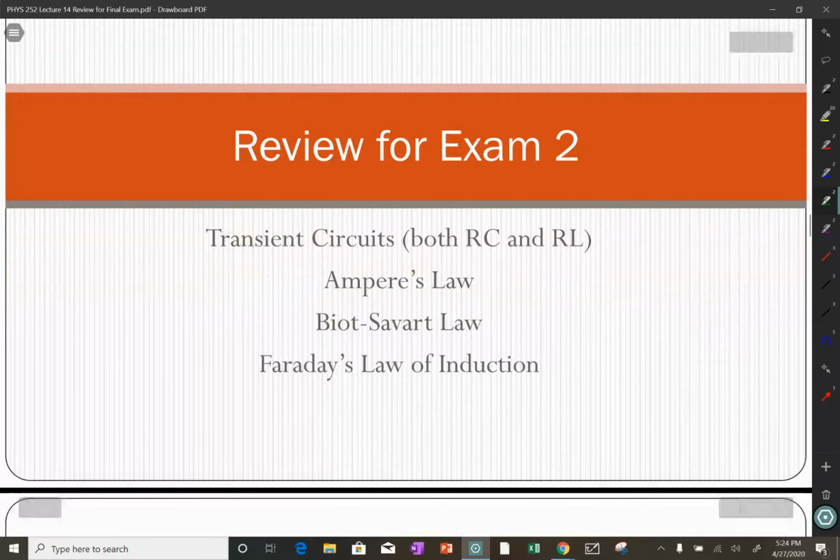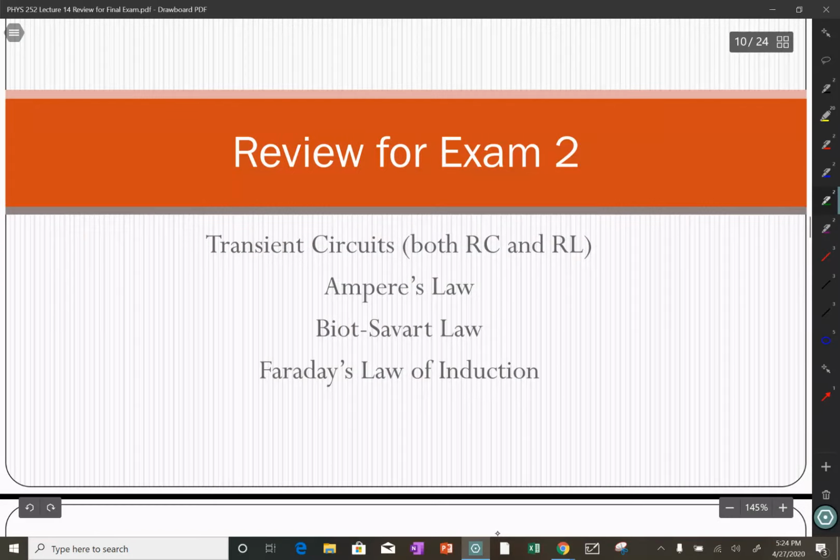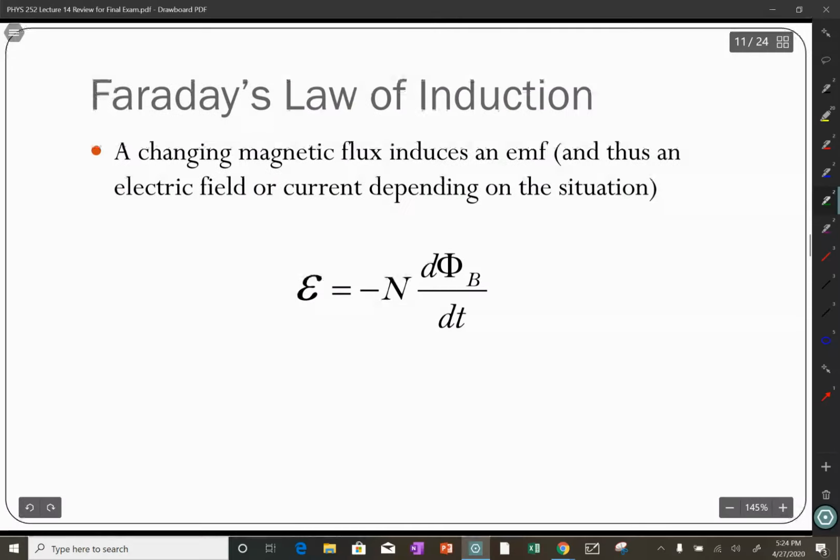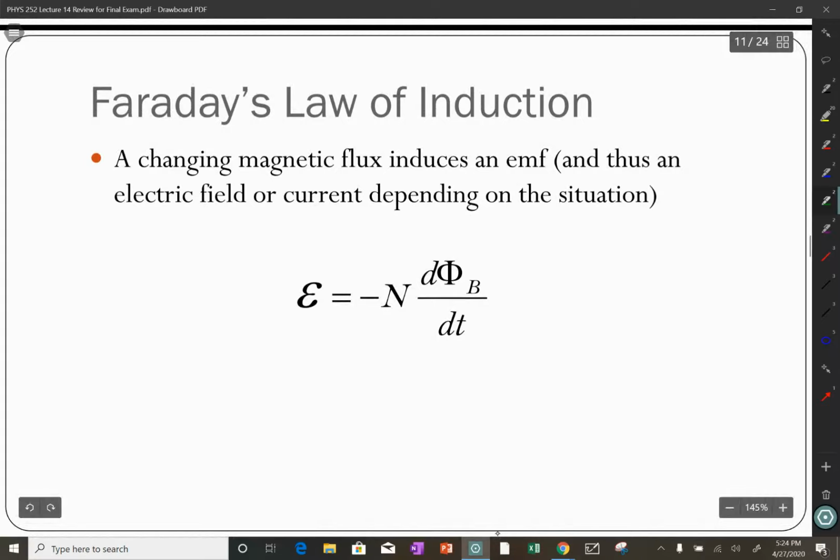Now for exam 2 material, we had circuits as well as magnetism. So starting with electromagnetism, Faraday's law of induction, the induced EMF is equal to minus N, number of loops, d flux dt. So the flux is equal to integral of B dot dA.